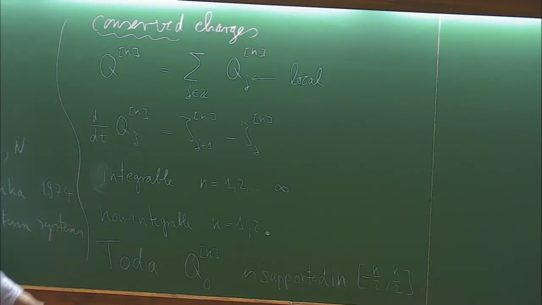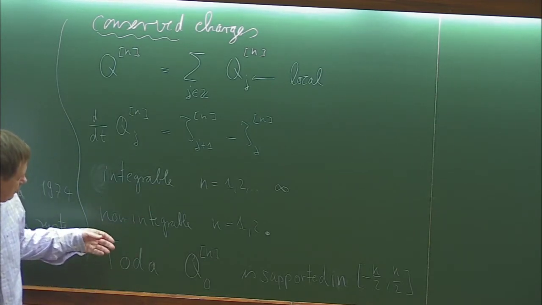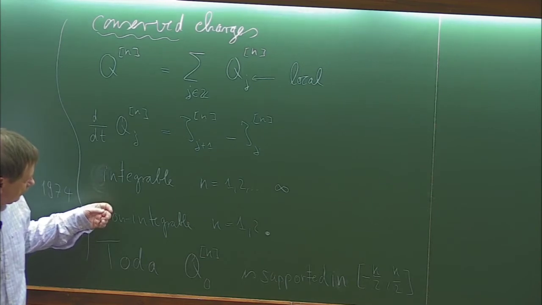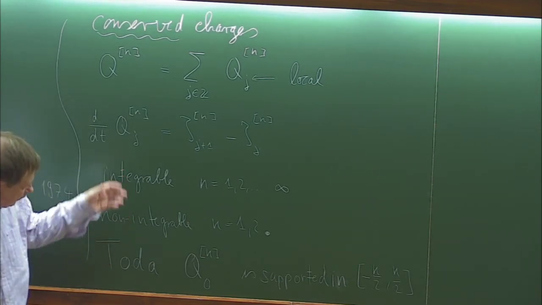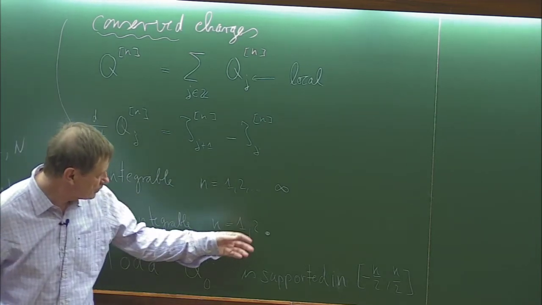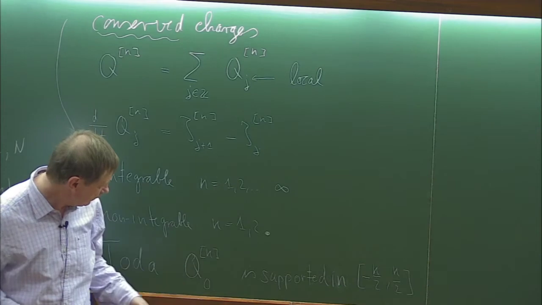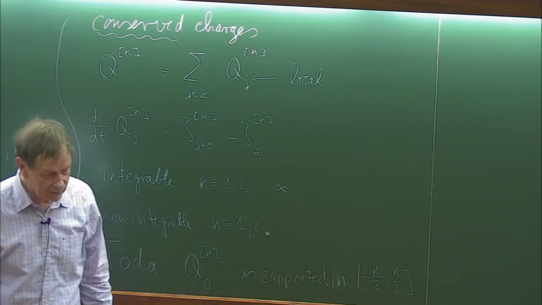And there's a somewhat puzzling separation: at least when you look for examples, we seem to be sitting either in this case or in this case. Any one of our systems is either non-integrable with a few conserved quantities like 1, 2, or maybe 5 or so, or it is an integrable system where it's automatically infinity, right?